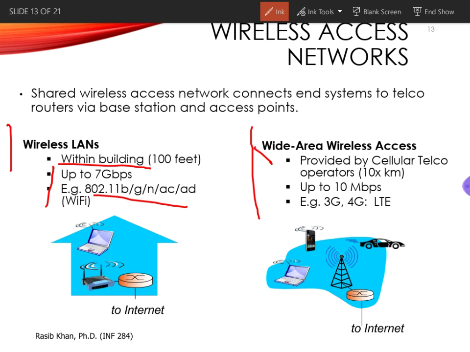So they are provided by the cellular telco operators, which have a much larger coverage, however, they are a bit lesser speed compared to the wireless LANs that we use at home. The examples could be 3G, 4G, LTE, and the upcoming 5G standard as well.